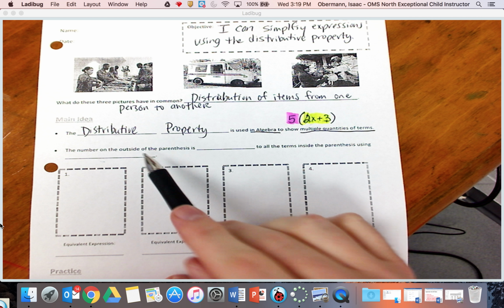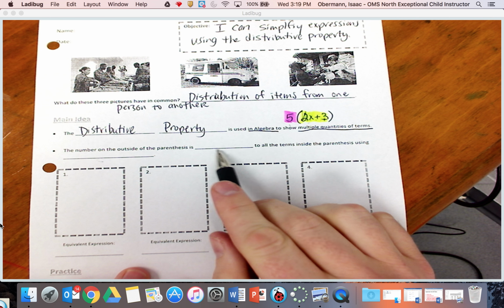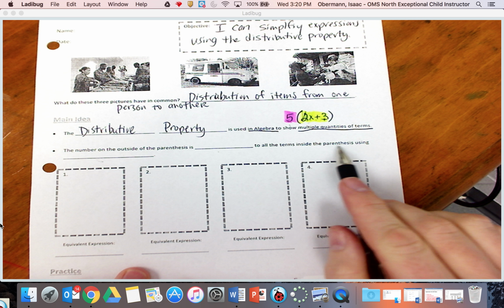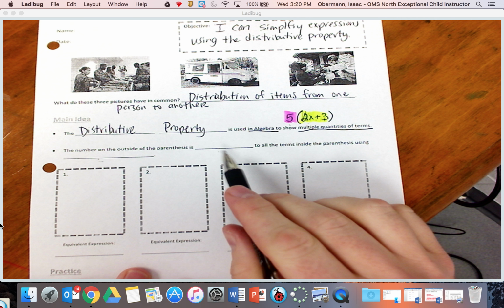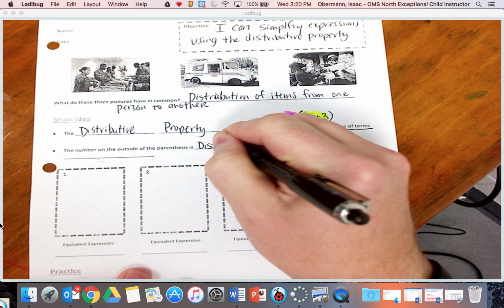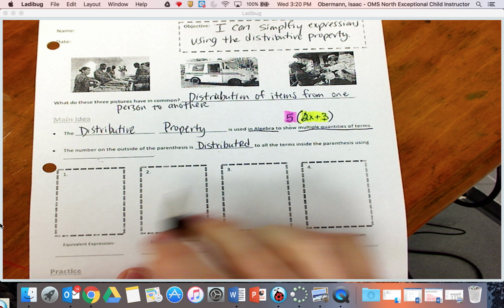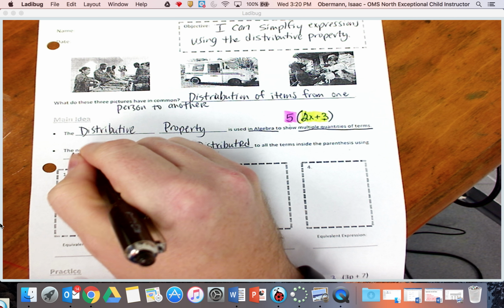So the number outside the parentheses is distributed to all the terms inside the parentheses using multiplication.